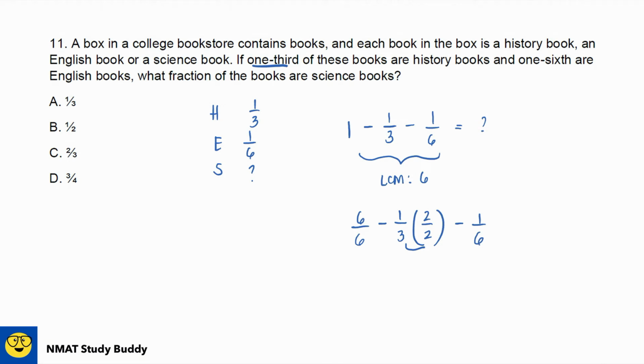Yung 1/6 as is na siya kasi 6 na yung denominator niya. So, 6 yung denominator nilang lahat. Yung numerator, 6 minus 1 times 2 is 2, and then minus 1. So, 6 minus 2 minus 1 is equal to 3/6, which is also equal to 1/2. So, ito yung fraction part ng science books, which is letter B.